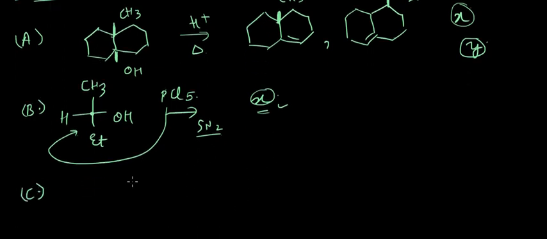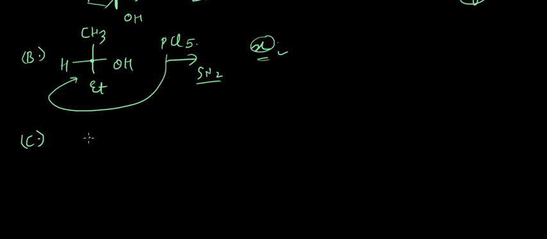Okay, let's see this. We have cis-2-butene and we reacted it with Br2 in presence of CCl4. So what will happen in this case?